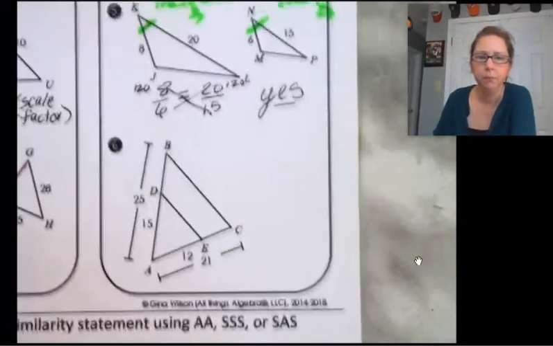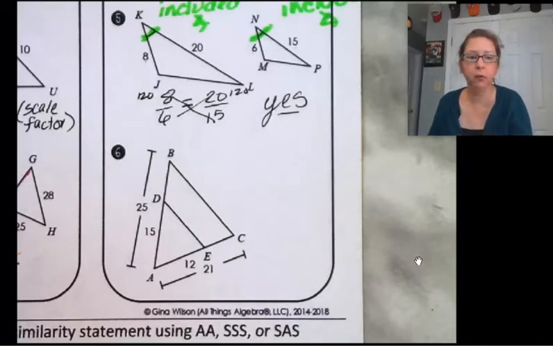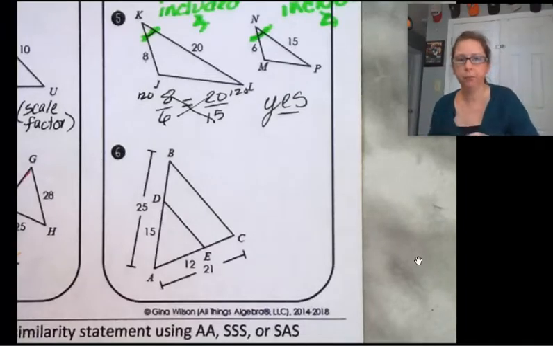All right, let's take a look at number 6. These triangles actually don't have any angle identified for me. So when you see a triangle like this, you really need to think about it. Where is the included angle?